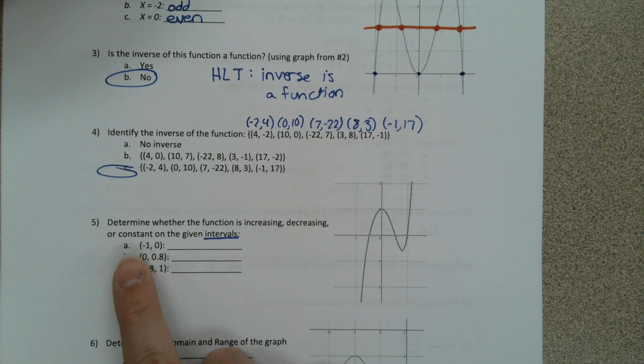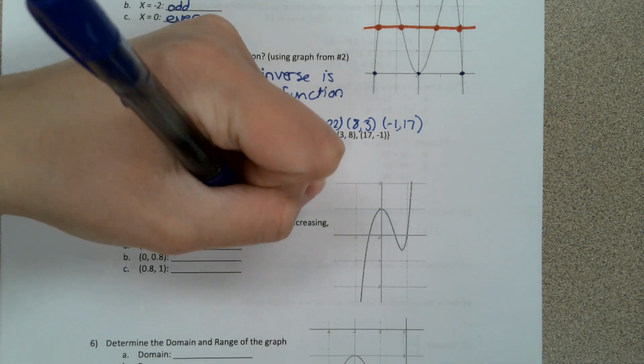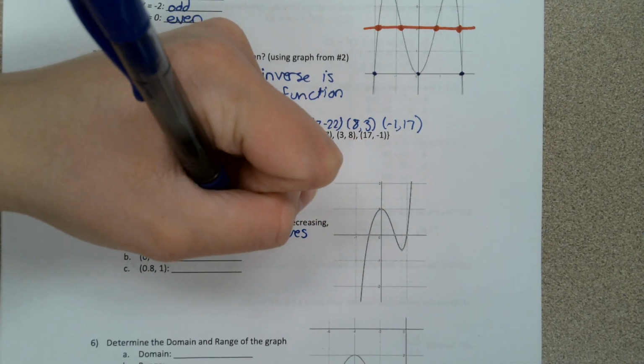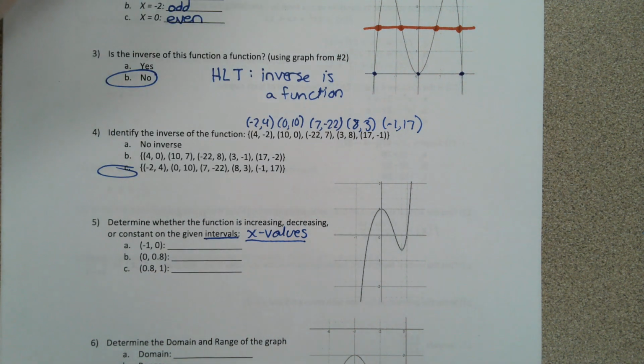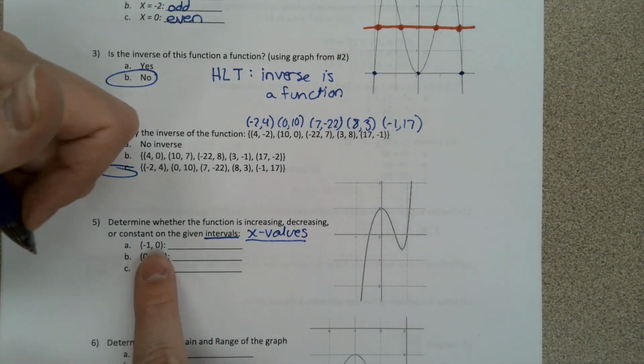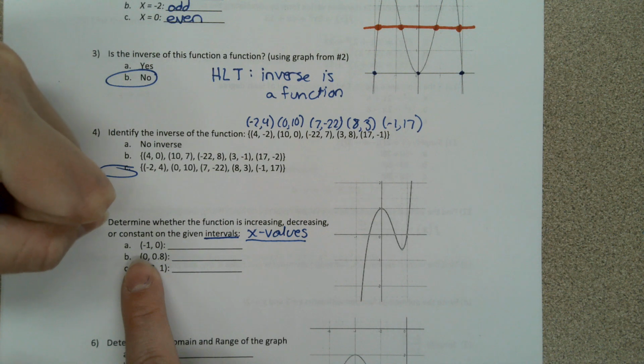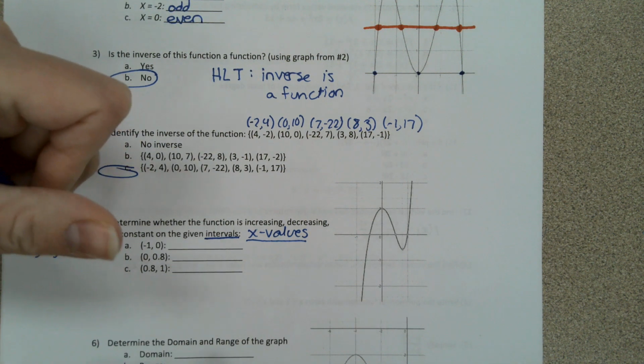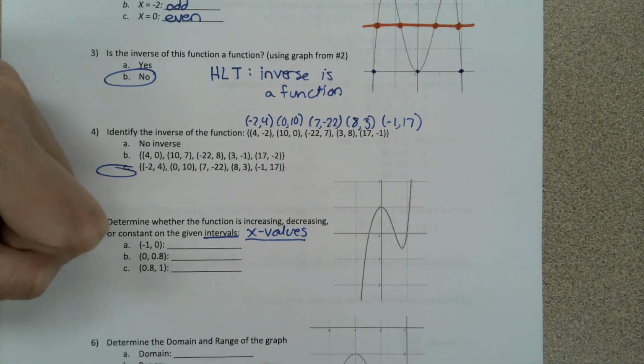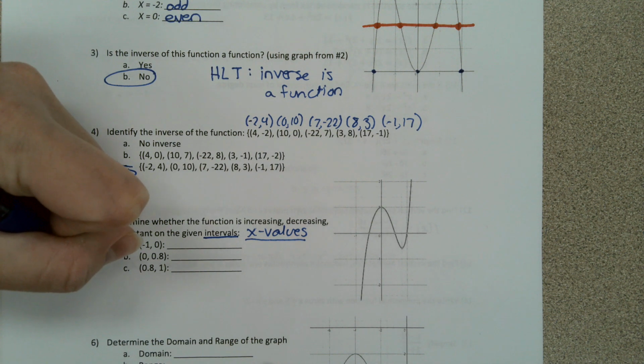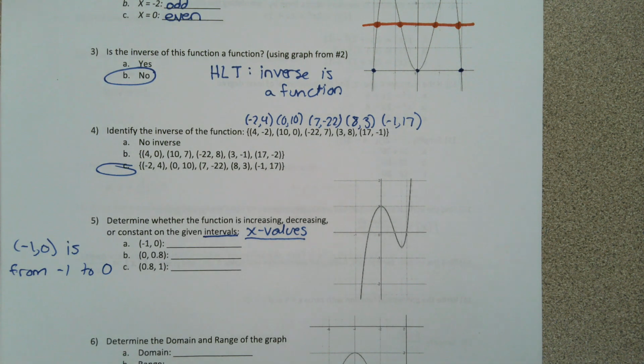This is from -1 to 0 on the x-axis. So first off, these are x values only, so think of this almost like domain. And then remember, -1, 0 is from -1 to 0. That's what we're looking at.